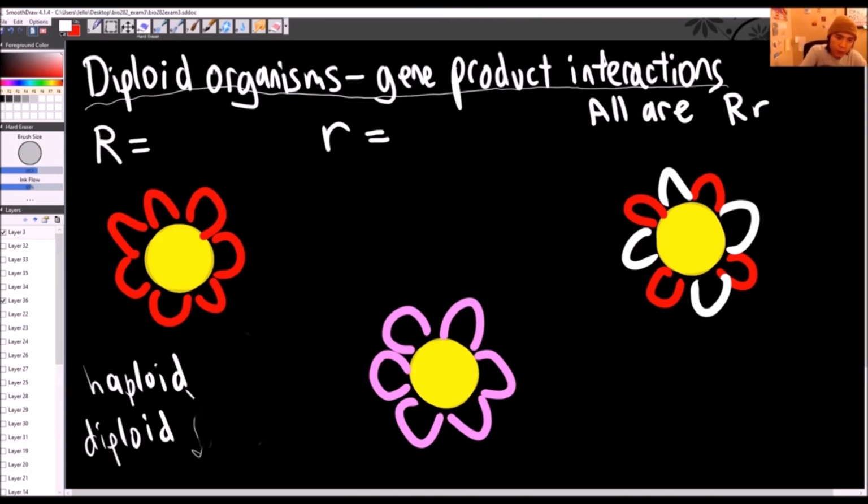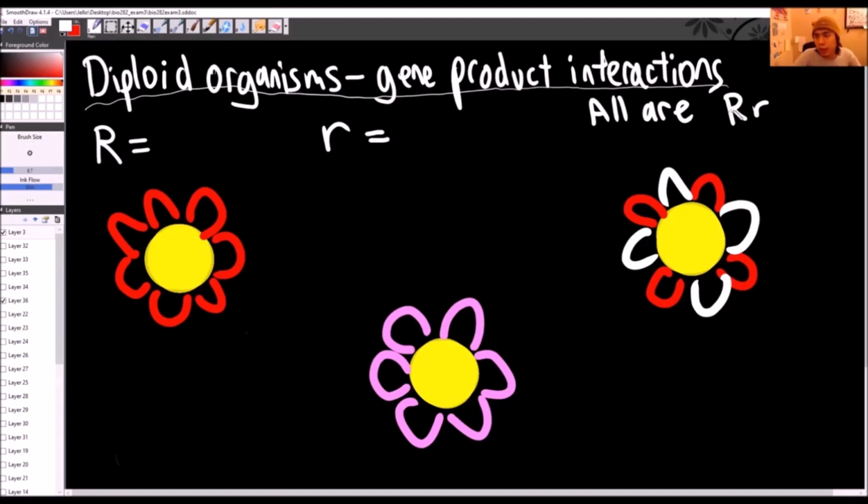There are three situations over here. We're looking at a flower, and we're looking at the color of the petals. Let's say the genotype for each one is big R, little r for petal color.